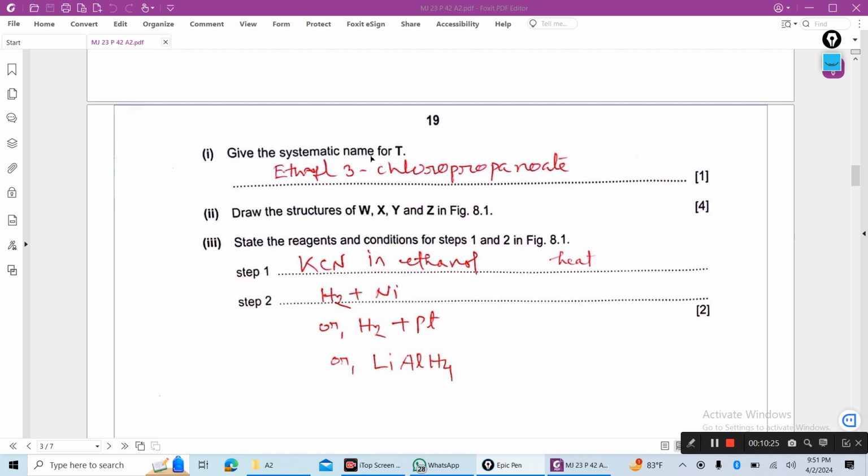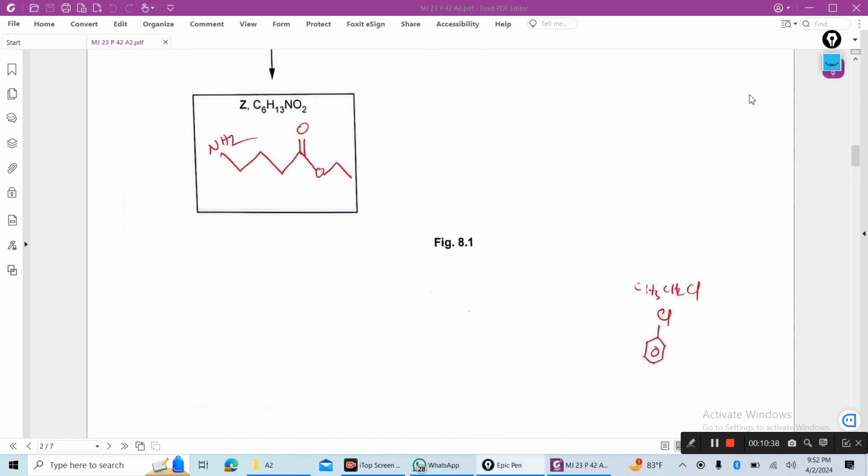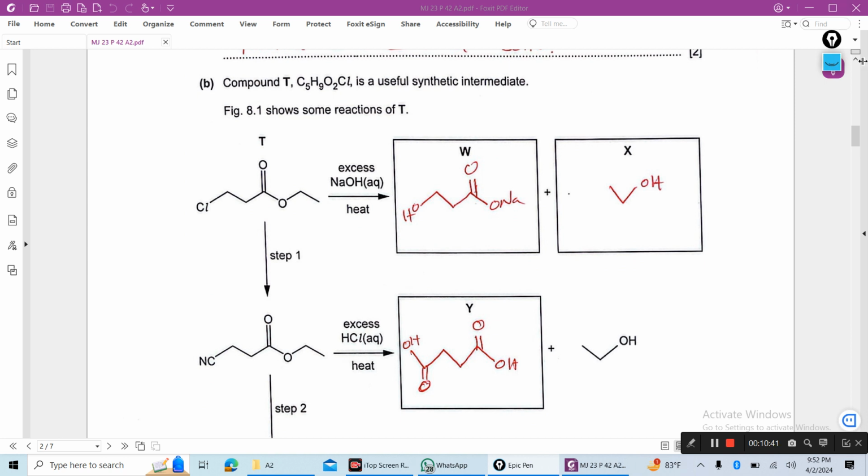Give the systematic name for T. Ethyl 3-chloropropanoate. IUPAC name: ethyl, here CH3CH2 is ethyl, 1 2 3, number 3 carbon contains chlorine.